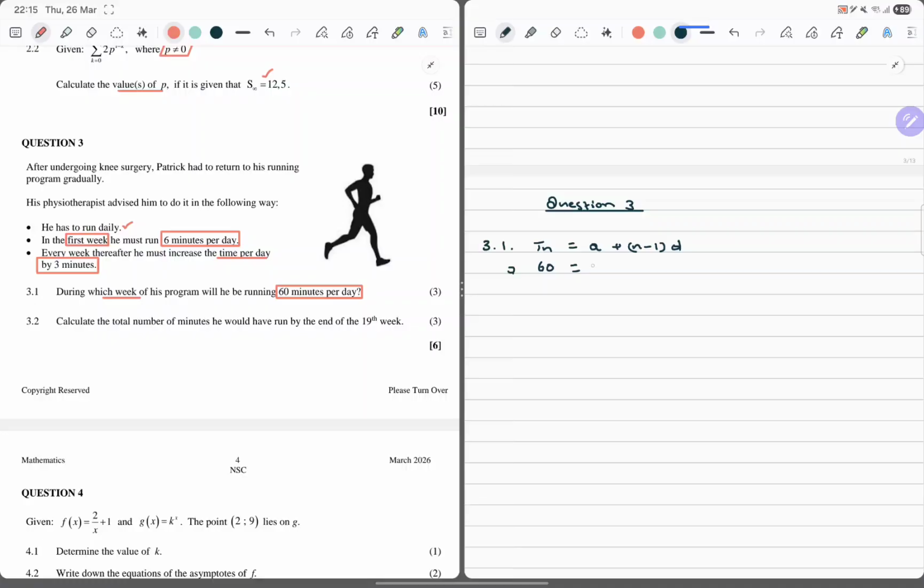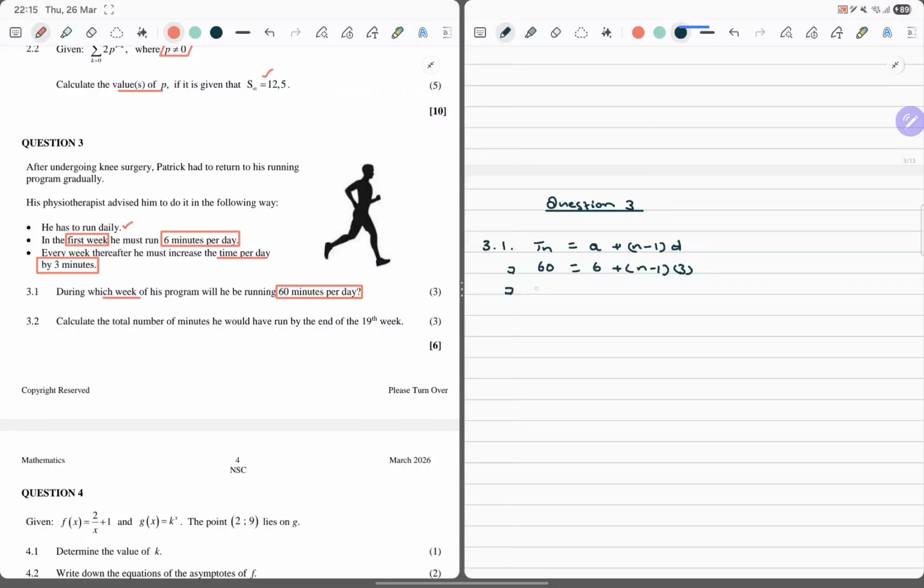And then a is 6 plus n minus 1 times d, which is 3 minutes. So this is very easy, guys. The increment is by 3. We started from 6 per day, and this is per day again, so this is good.